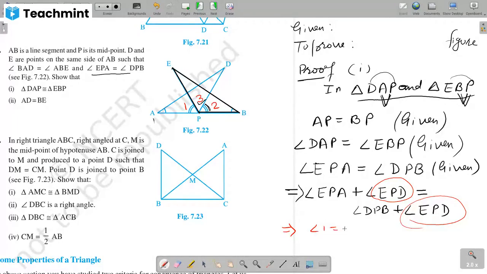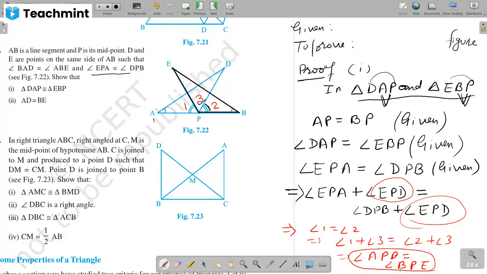So let's add angle 3 to both sides of the equation. When you add angle 3 to both sides, you will get complete angle APD, which is equal to angle DPE. So now the complete angles are also equal.